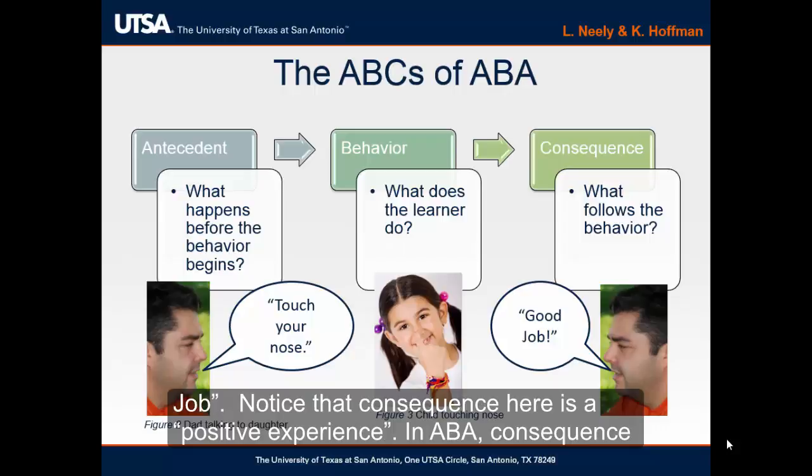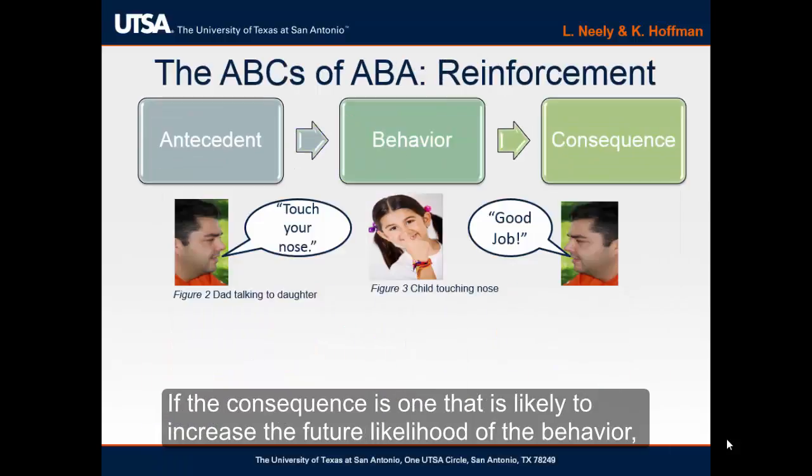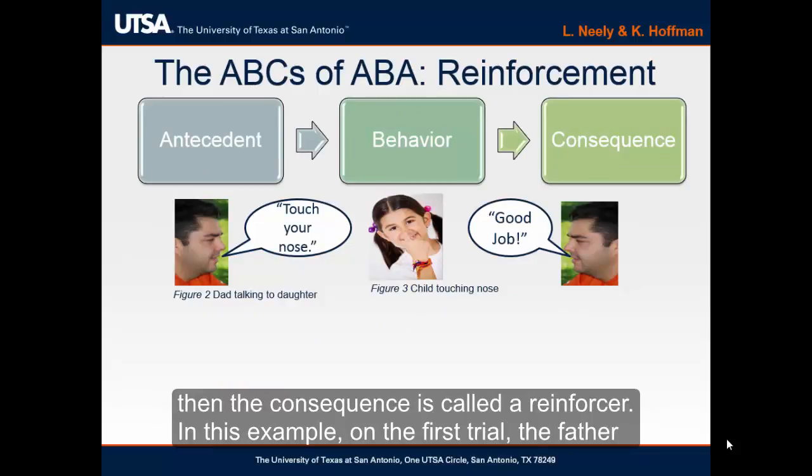Notice that the consequence here is a positive experience. In ABA, consequence simply means what happens after the behavior. It does not necessarily mean something that is negative. If the consequence is one that is likely to increase the future likelihood of a behavior, then the consequence is called a reinforcer.